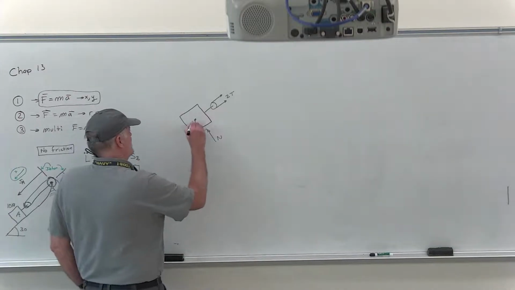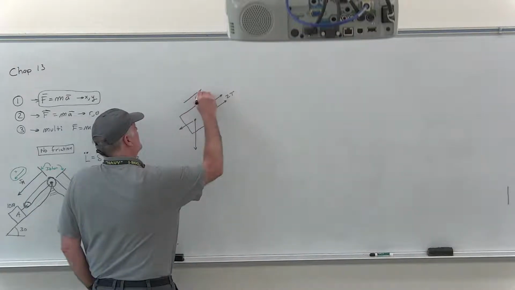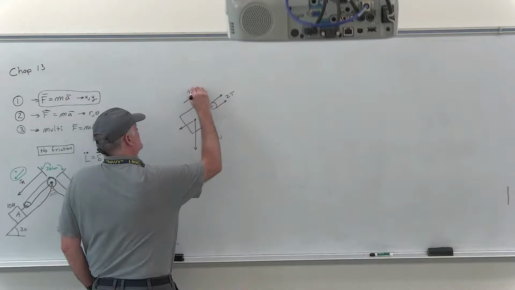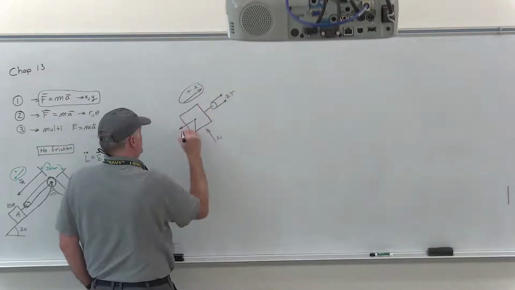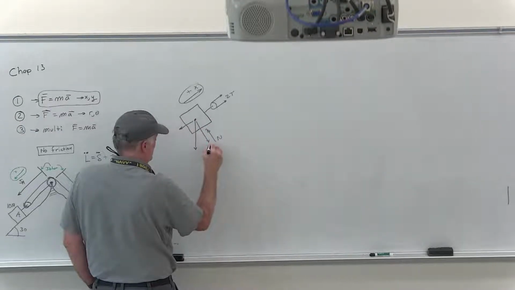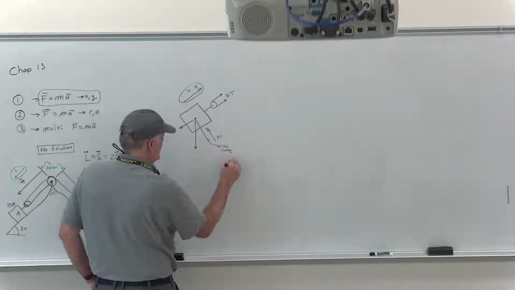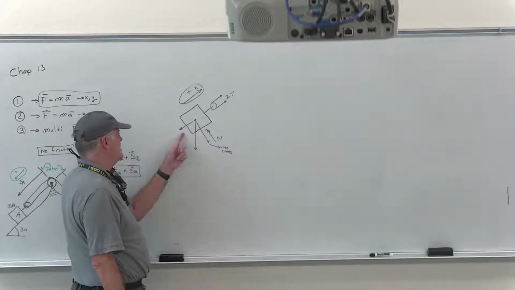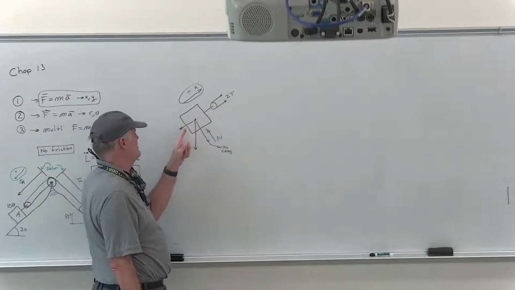So then the next question is, we'll call this plus X, and then we'll break this into 2 parts. The part we don't care about, I don't care about that. This one I do, because I'm going to sum the forces equal mass times acceleration up this way.